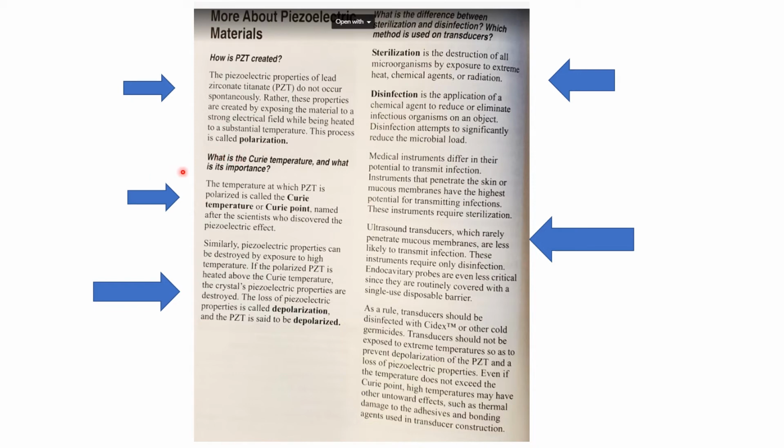There is a temperature called the Curie temperature, or Curie point. It's named after the scientist who discovered this. So piezoelectric properties can be destroyed by exposing it to a high temperature, and that's called depolarization, and the PZT is said to be depolarized. So you want to stay away from these temperatures.